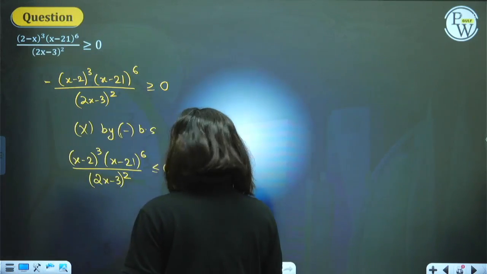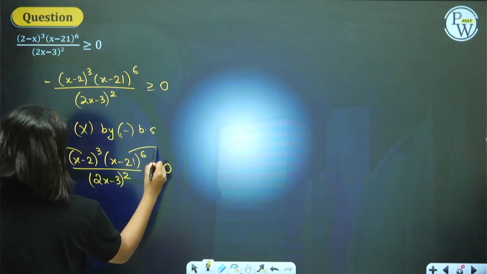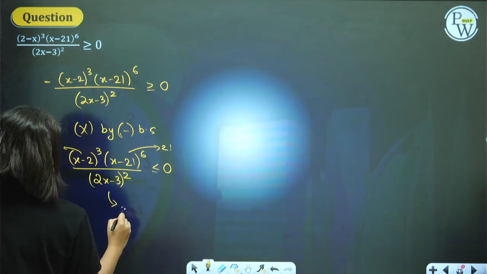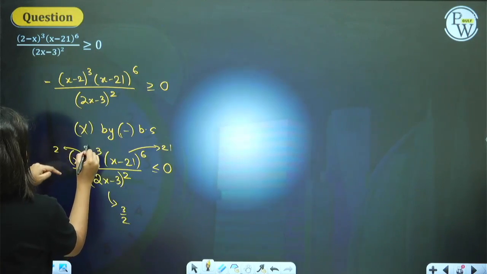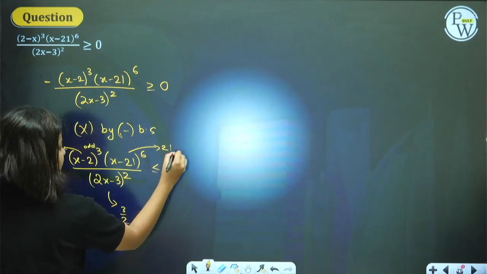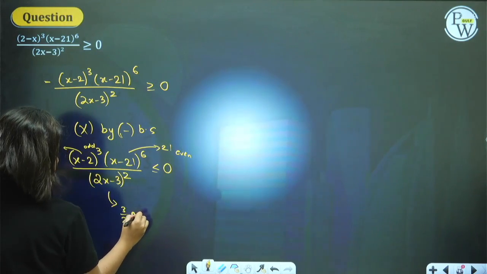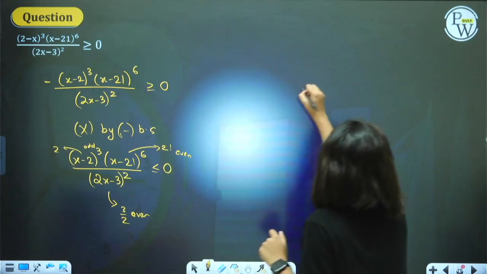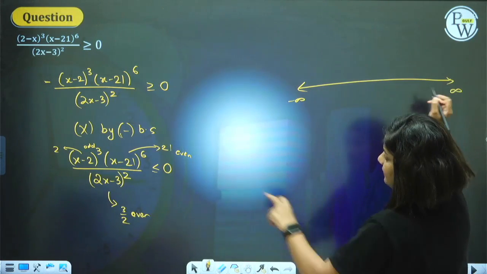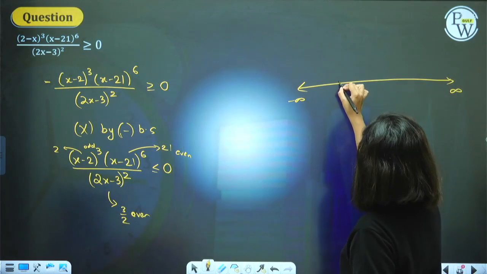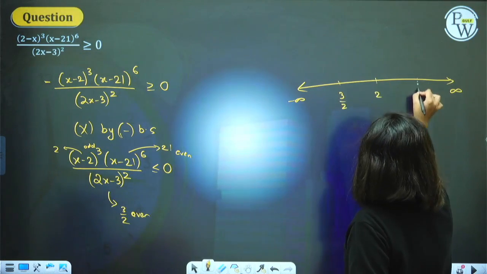What are the critical points? Here the critical point is 2. From here it's 21. From here it's 3 by 2. Putting each of them equal to 0. 3 is an odd number, 6 is an even number, and 2 is an even number. Okay, finish it off. Minus infinity, plus infinity. 3 by 2, then 2, then 21.